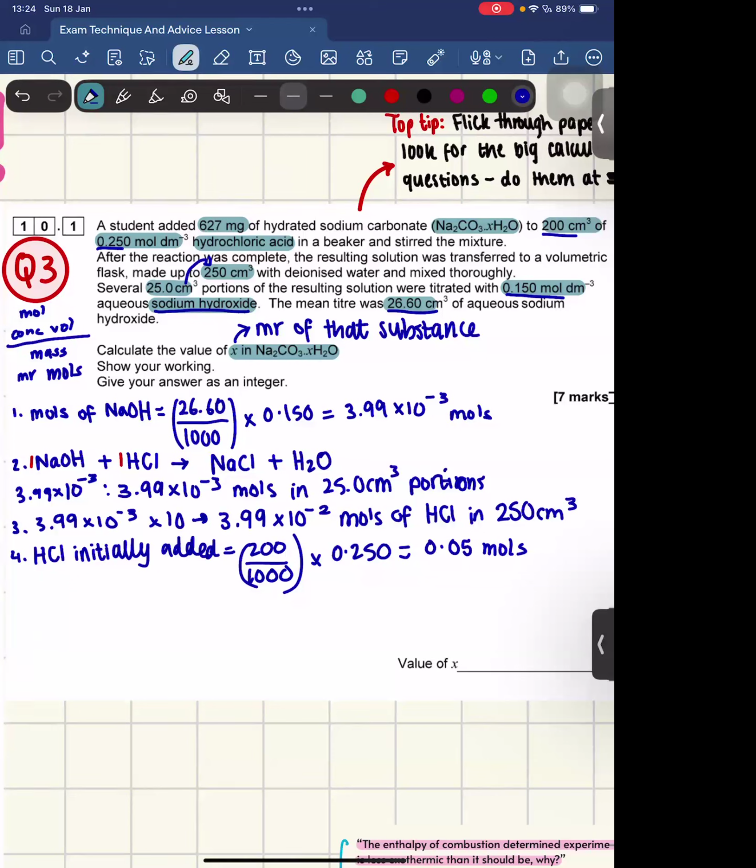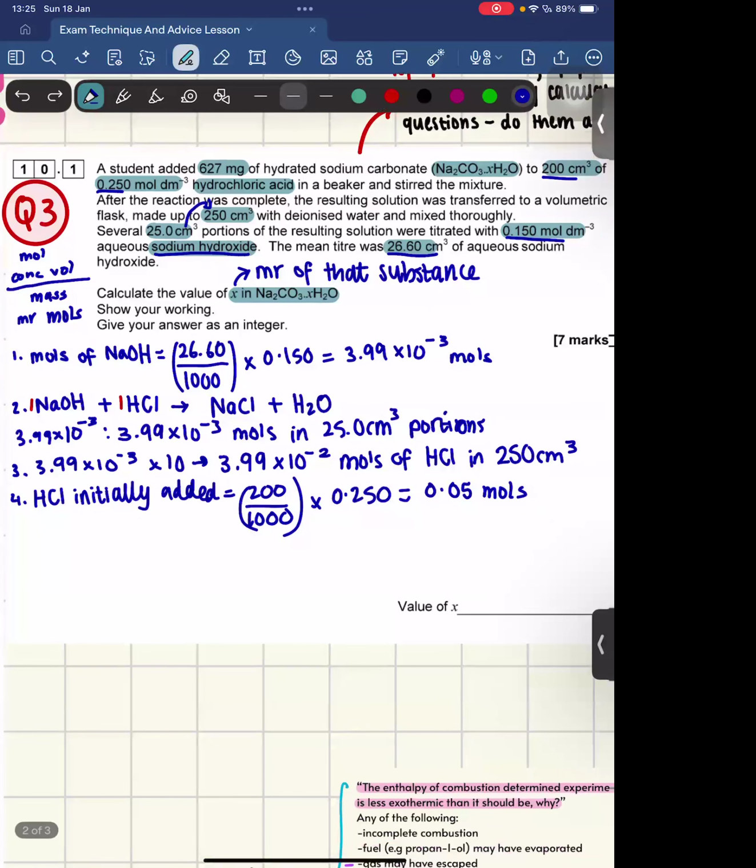So it's like saying I added 10 apples to my basket, and the worms reacted with it, and I was left with 2 apples. So that 2 apples represents the 3.99 that was left over, and that 10 apples represents the 0.05 that I initially added. So this is how much I initially added to that basket. This is how much I had left over, the 3.99. So now I can use that to figure out what's in the middle, what actually reacted with that sodium carbonate. So how many of those apples were eaten by the worms?